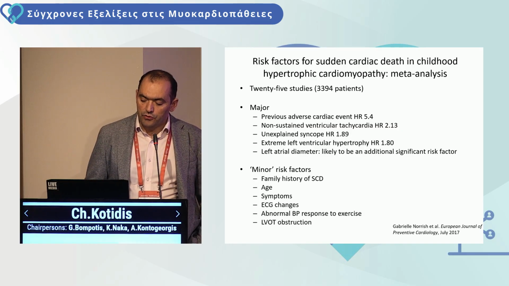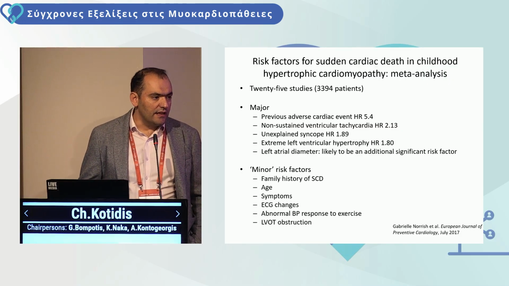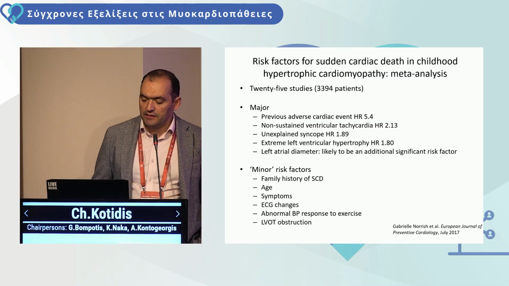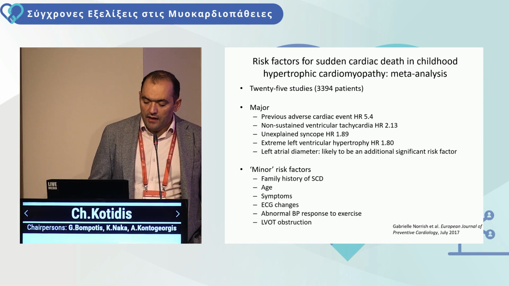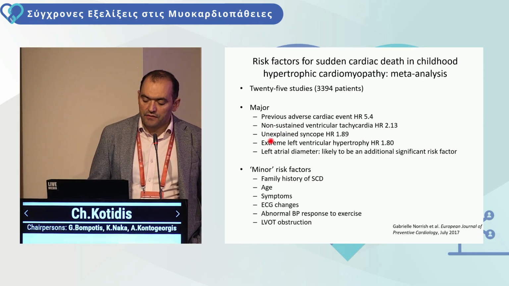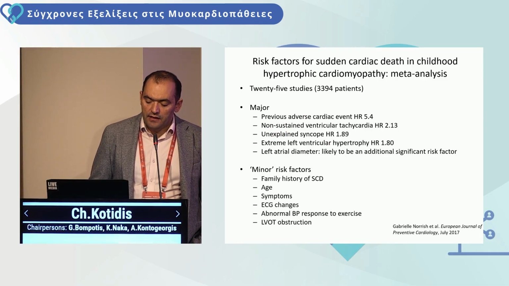The next most significant, non-sustained ventricular tachycardia, has almost 50% less, a relative risk ratio of 2. So they identified all these 5 components: unexplained syncope, extreme left ventricular hypertrophy, and left atrial dilatation, that is likely to be an additional significant risk factor.